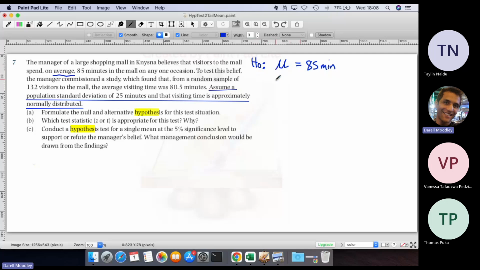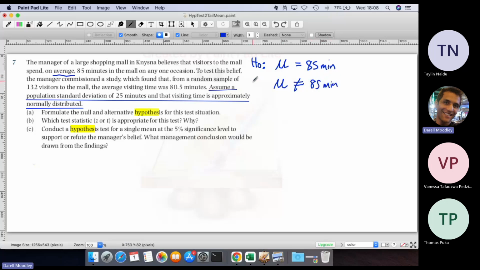Now, when we do hypothesis testing, we test this theory or the alternative is possible, right? In other words, the opposite of this. If we believe mu is 85 minutes, then the opposite is that mu is not equal to 85 minutes. Those are complementary events. It's this or the alternative.